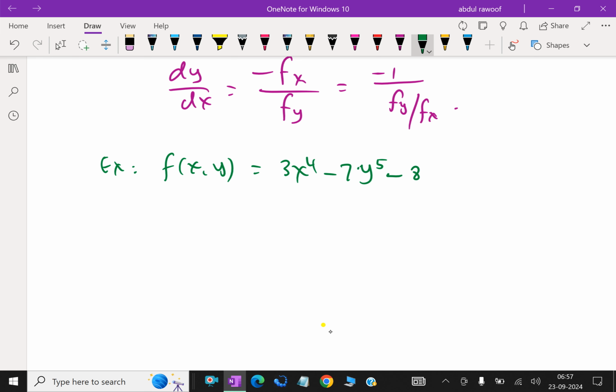Look here. This is an implicit function because x and y are together in this.